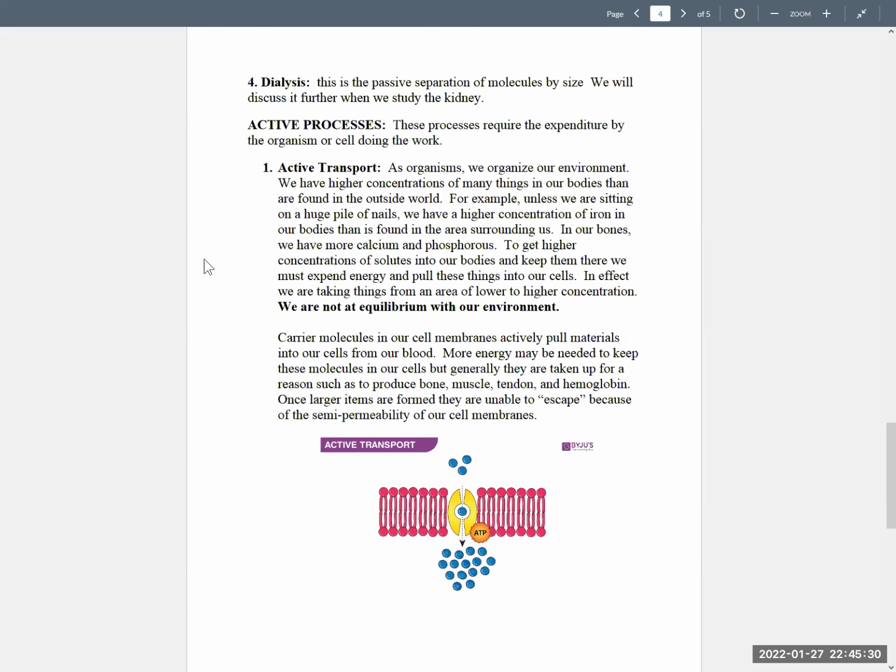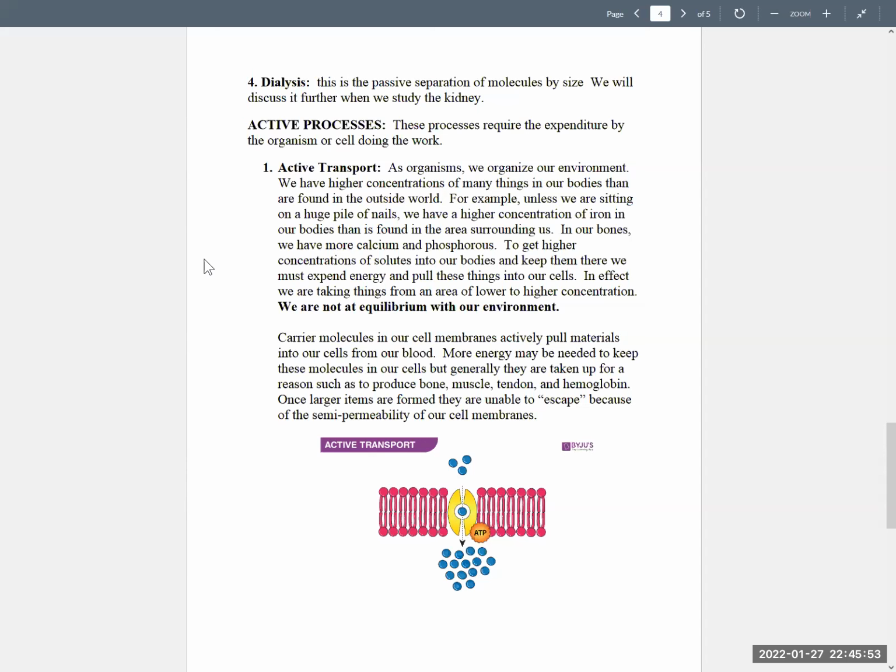But you look at yourself and the people around you, you're organized. You're not disorganized, okay? You have higher concentrations of so many things in your body than the similar concentrations of the same things exist outside of your body.